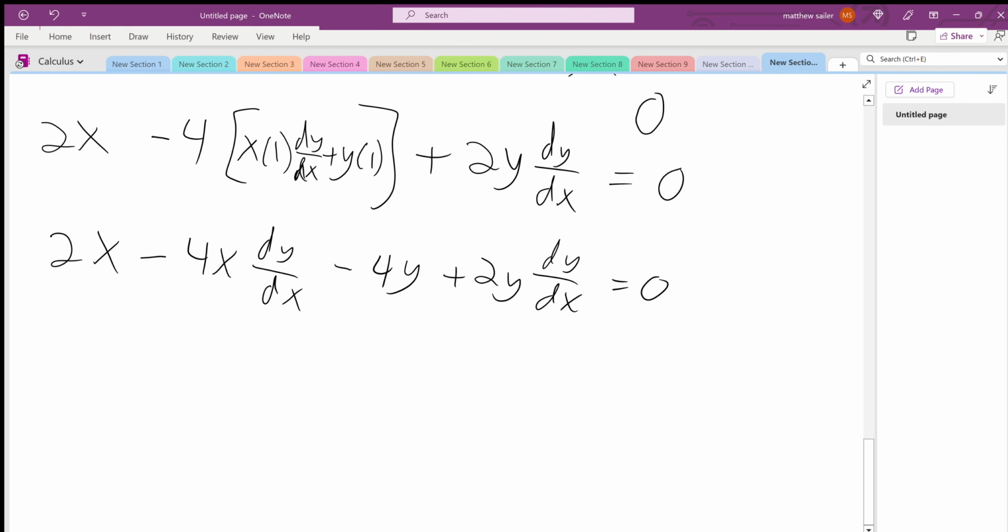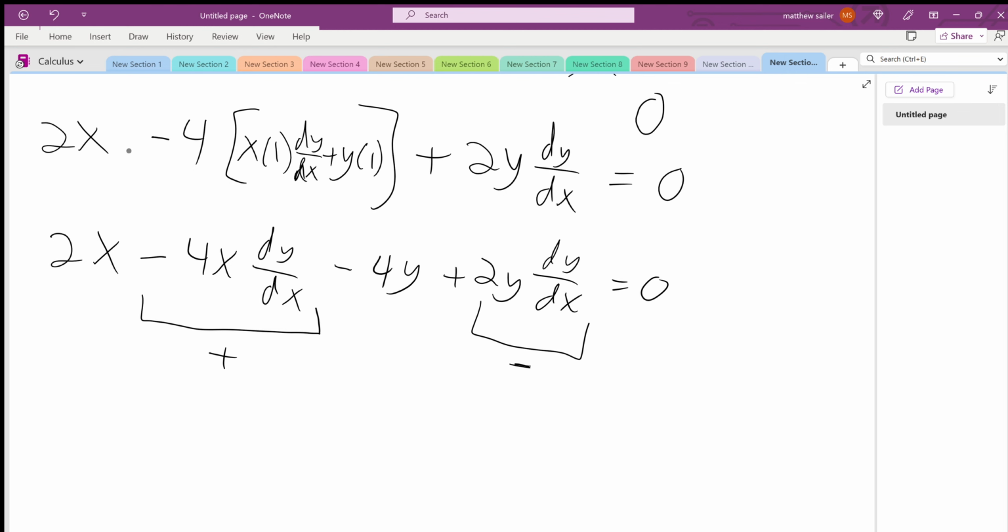So from both sides of the equation, I'm going to add 4x dy over dx and subtract 2y dy over dx, so that we remove it from the left-hand side and move it over to the right-hand side.